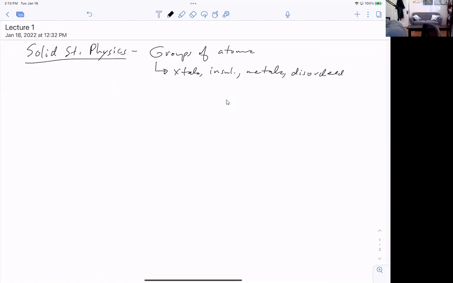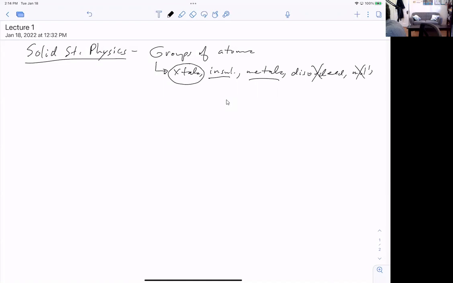We can have molecules, etc. In this class, we're going to focus on crystals, thinking about their insulating and metallic behavior and other behavior, their phonons and vibrations. But we're not going to be talking about disordered material. We're not going to be talking about molecules, really. I might mention molecules, but we're just not going to talk about that.